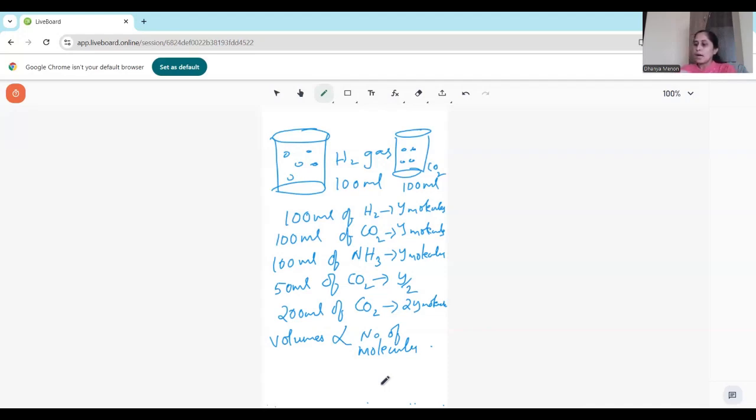Okay, so after learning about the number of moles and the stoichiometric equations, etc., we will be doing more NEET and JEE questions.